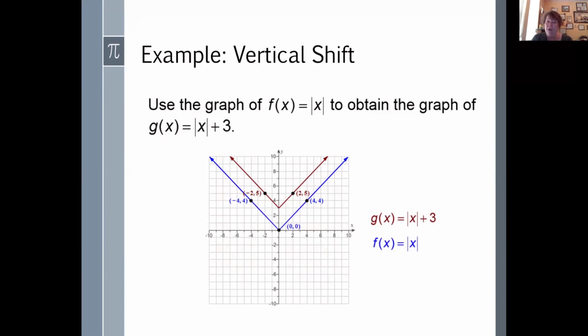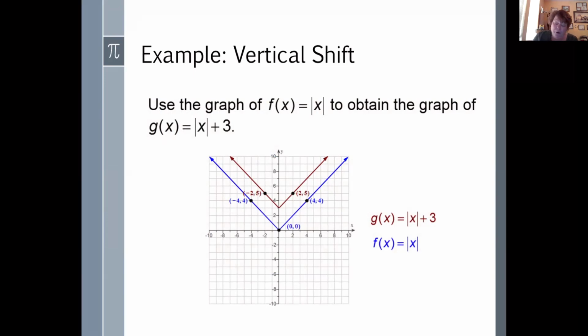Well, adding 3 to the absolute value has the effect of shifting every vertical point up 3 units. So when I add a constant to my function's output, then I'm shifting it up that many units.